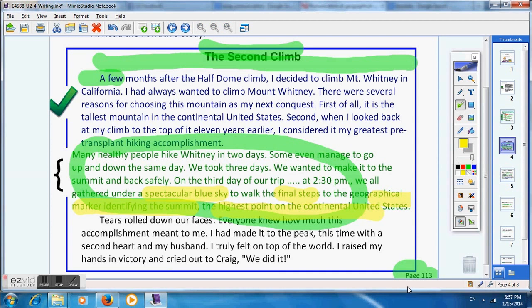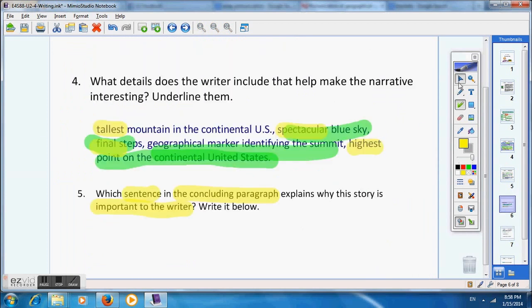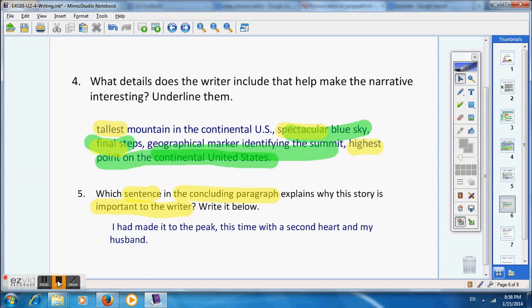Here: I had made it to the peak this time with a second heart and my husband. And also you'll understand why the title is The Second Climb. So write the sentence here. That's the answer to question number 5.